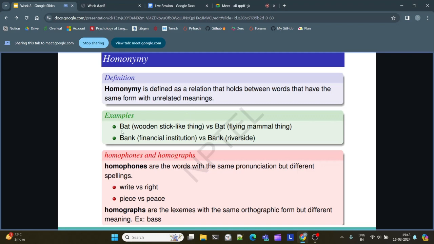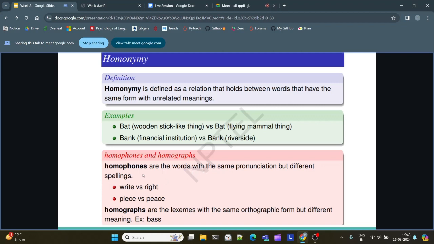Here we see words such as bat, where bat in one case means the bat with which we play cricket, possibly, and another one is bat, which means the flying mammal. So in this case, the orthographic form is the same, however the meaning is different. So homonymy includes both things. It could be the same orthographic form, or the same phonological form.